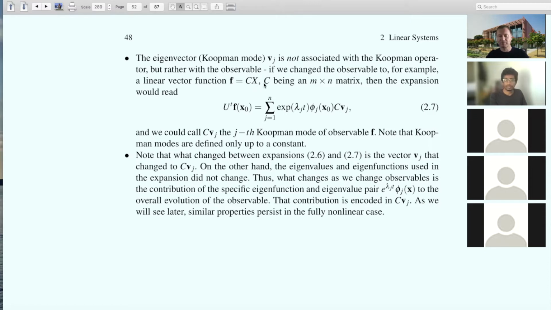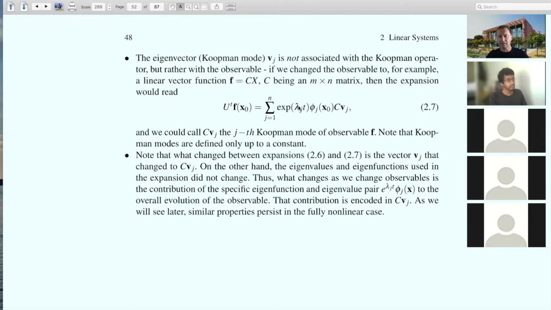So we're working on the space of linear functions in state. And that space is closed under the action of the Koopman operator, which is the key property. So we can keep working within the space of linear functions because the evolution starting from a linear function evolves into a linear function.